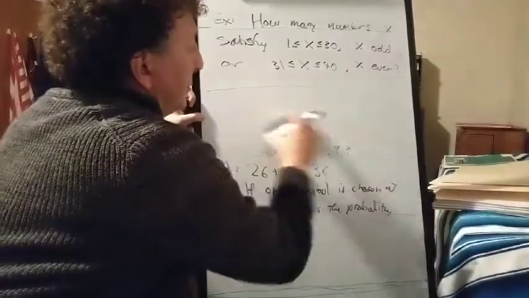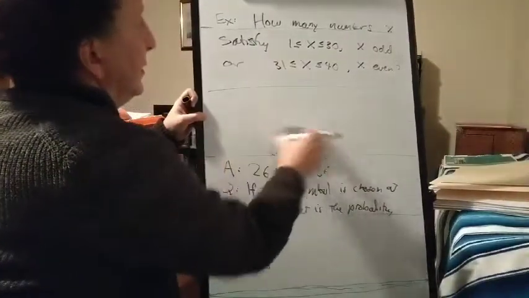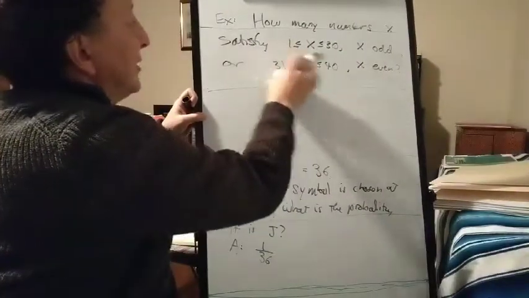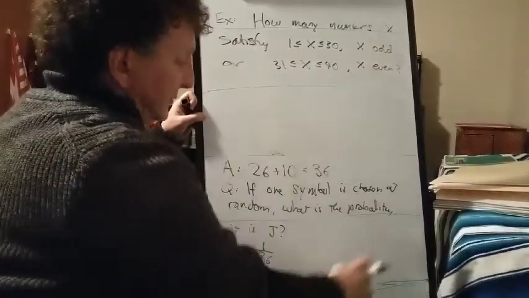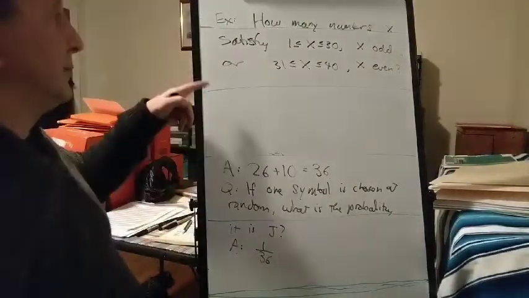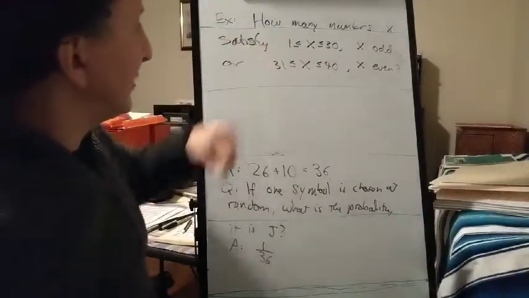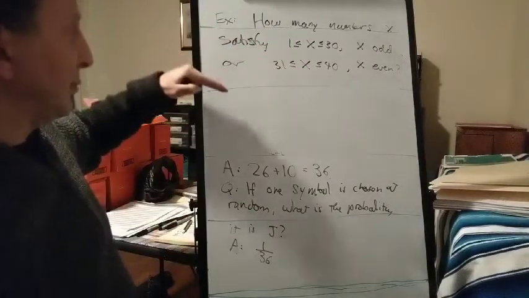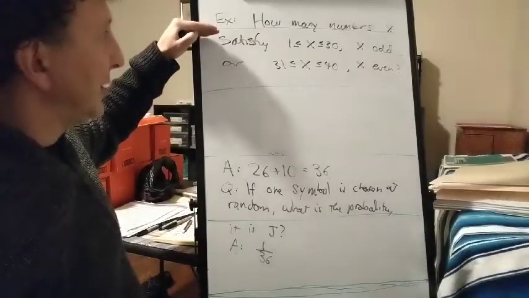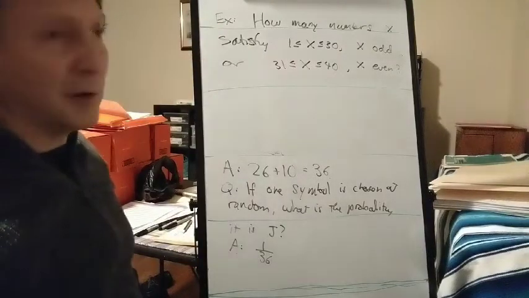So we can count the number of numbers x in each of these ranges satisfying the properties pretty easily. And then we just add those numbers together to get the total number of numbers that satisfy one of these properties. Either x is between 1 and 30 and is odd, or x is between 31 and 40 and is even.